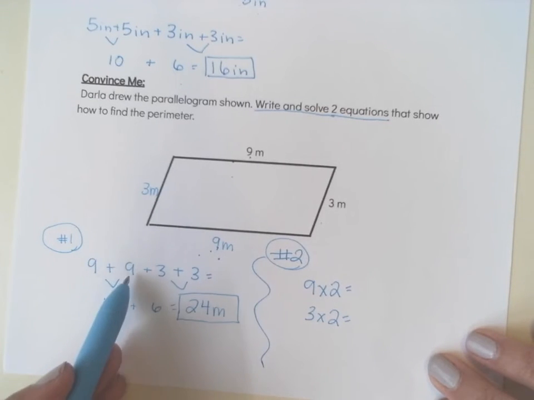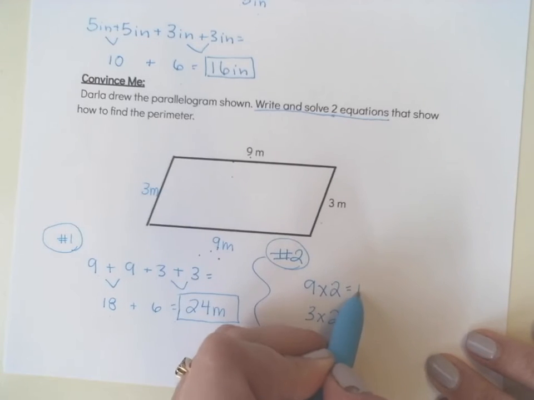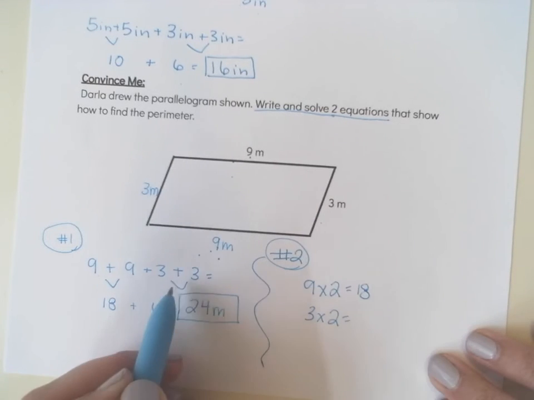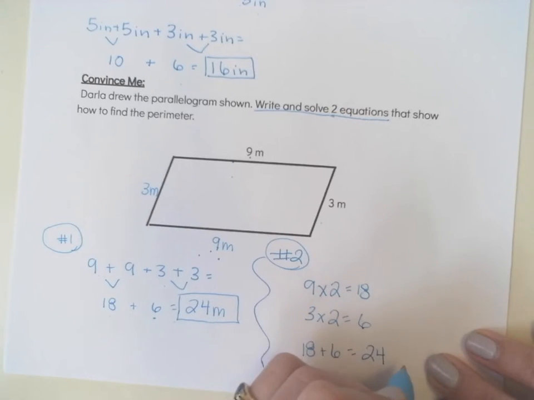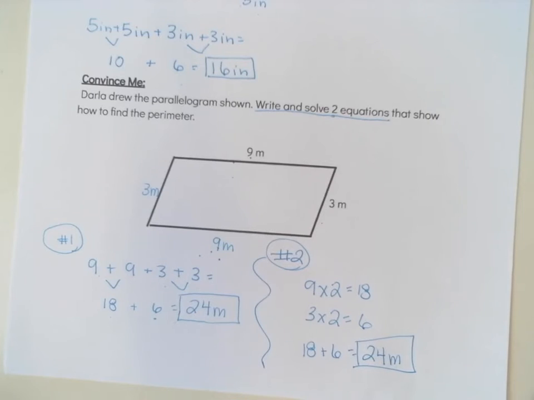Because we know that 9 times 2 is 18, and we know that 3 times 2 is 6. Then we would have to come down here and take our 18 plus 6, and add it together in order to get 24. So we come to the same conclusion, but it's just a different way to write it. It depends on how your brain works and what's easiest for you.